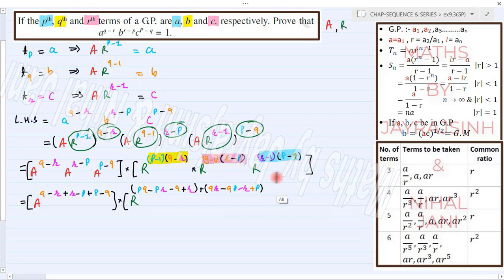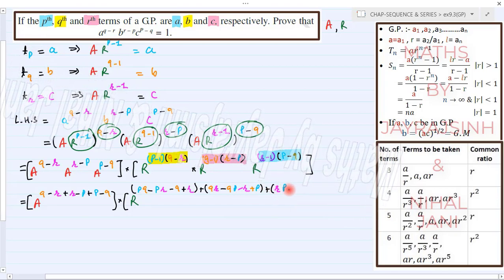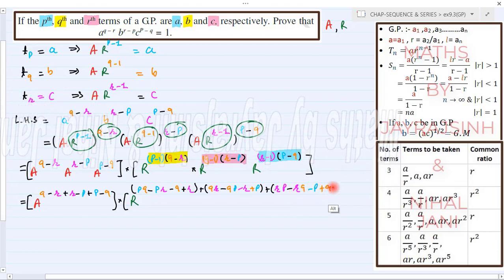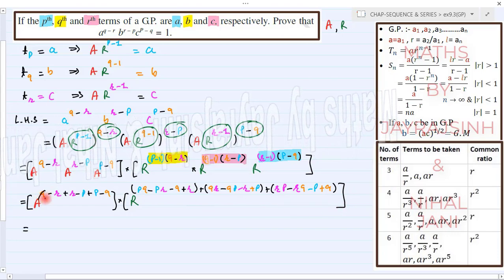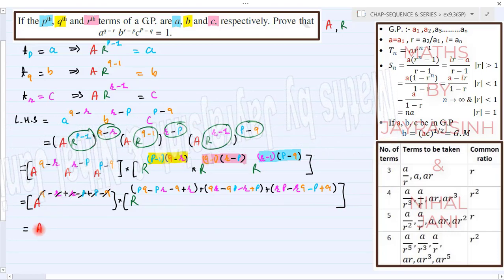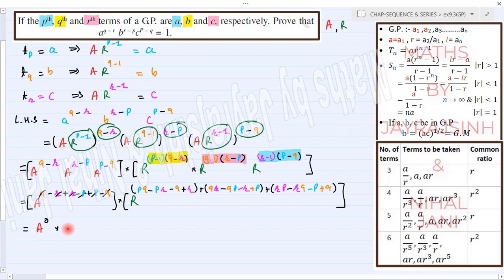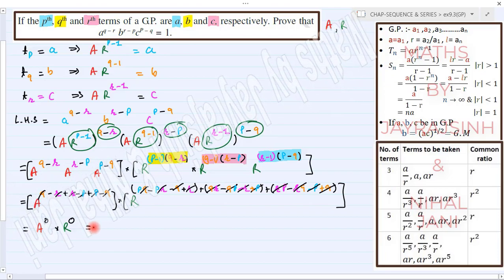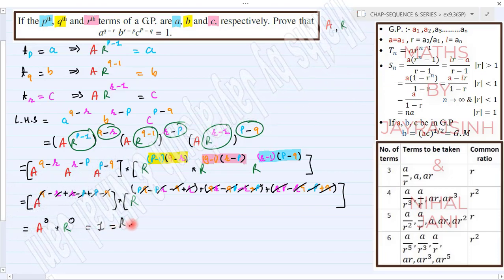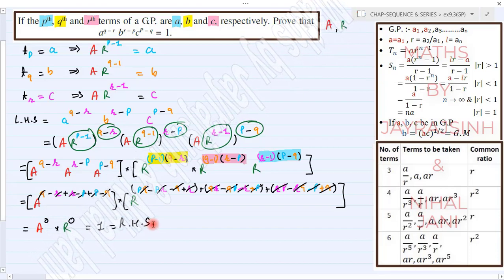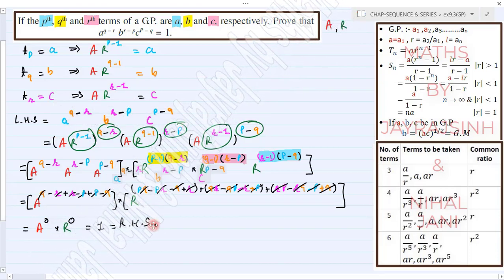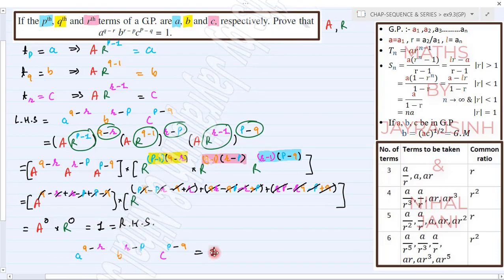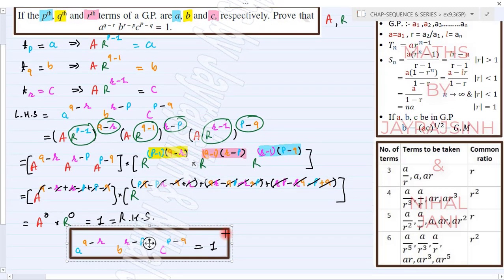And from the last bracket, we will get rp minus rq, then minus p plus q. So, as you can see, power of A will be 0 as well as power of R will also become 0. And anything raised to 0 is 1, which is your required right hand side. So, we can say our left hand side is equal to your right hand side. Hence proved. Ta-da!